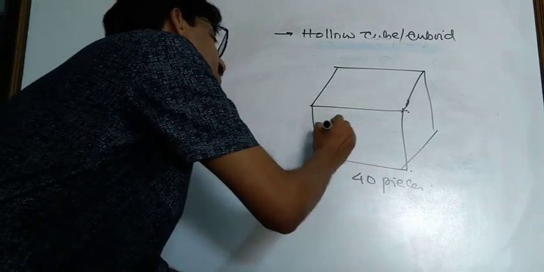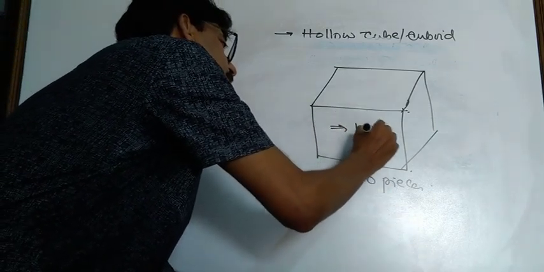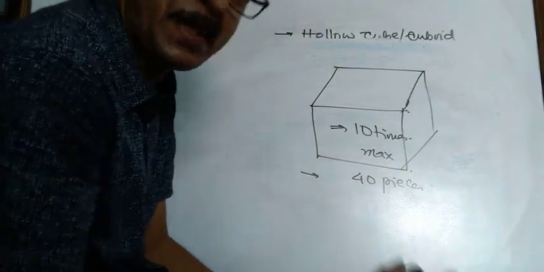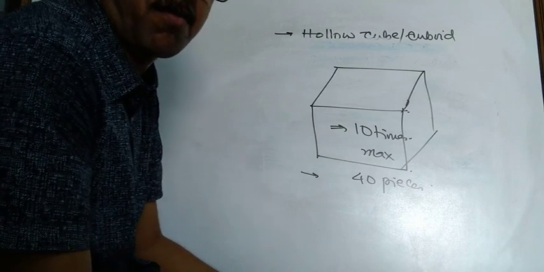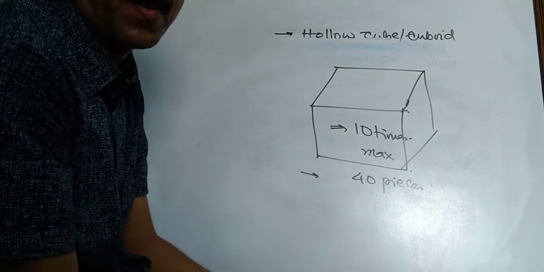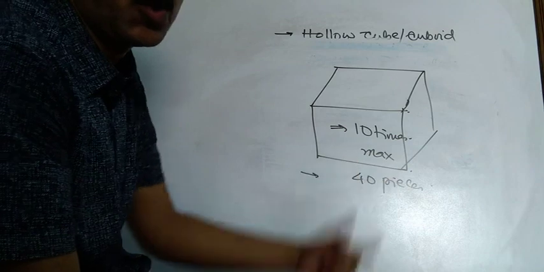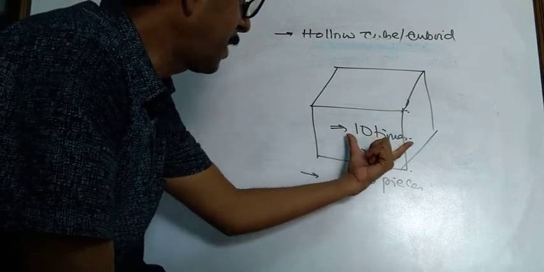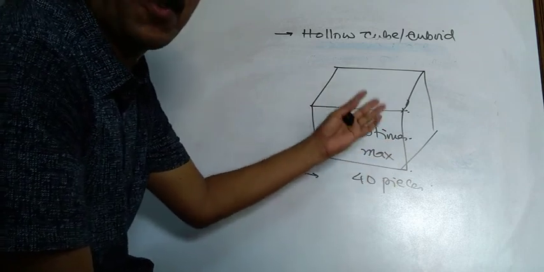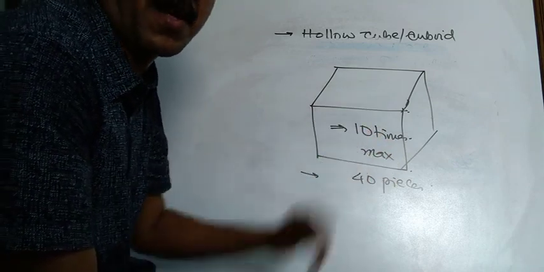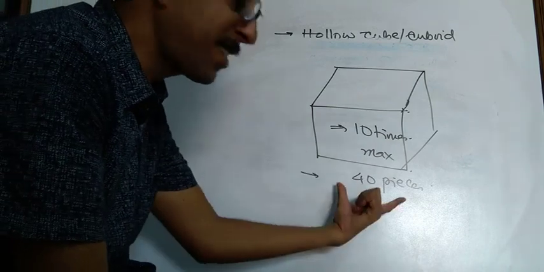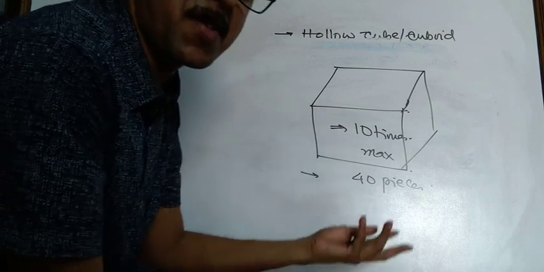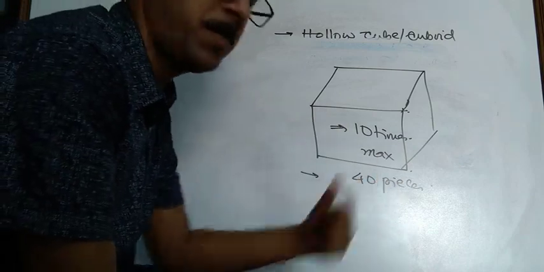The first question: if we cut this cube, say, 10 times, what is the maximum number of equal pieces that you can generate? That's the question. Maximum number of equal pieces that can be generated by cutting a particular structure a certain number of times. Or we need a certain number of pieces, and how many times minimum we have to cut to get the required number.